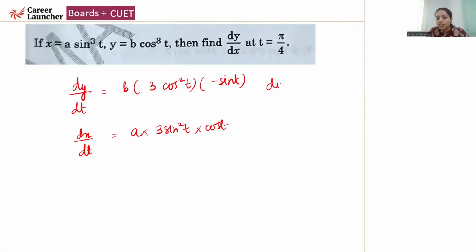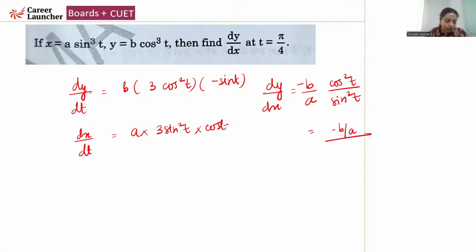Now, if you divide the two expressions, what you are going to get is b by a, the 3 cancels, and you are going to have cos square t, the negative sign is also there, divided by sine square t. Now if you solve this expression further, you should be getting minus b by a, right? So this is going to be minus b by a simply. So this completes question number 22.